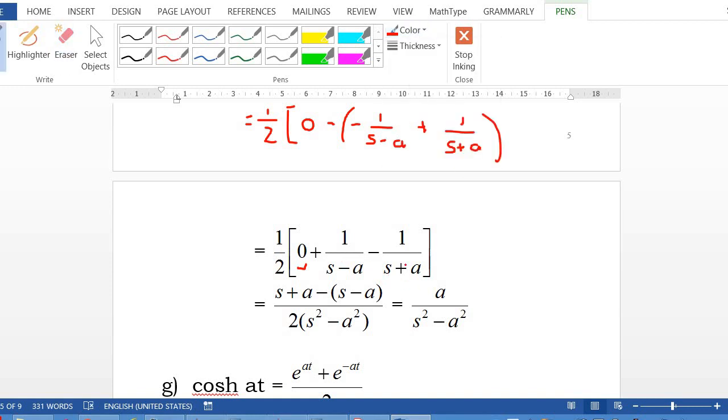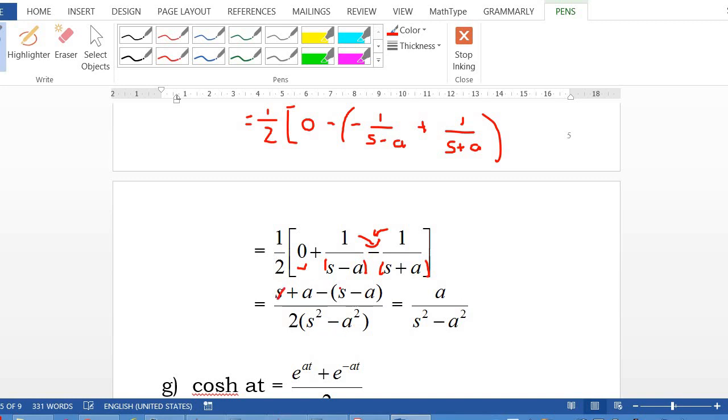And then, by cross multiplication, 1 multiply s plus a, minus 1 multiply s minus a. Then you can combine the two terms here: s minus a times s plus a will be equal to s squared minus a squared.